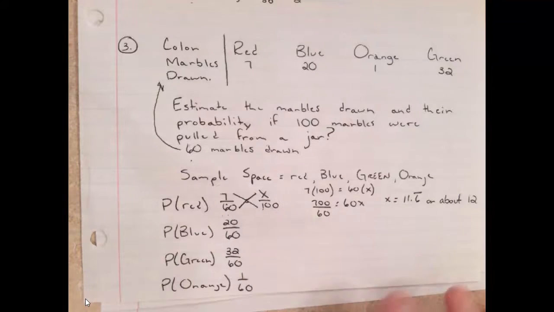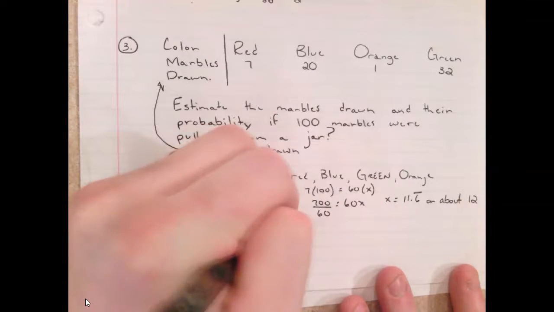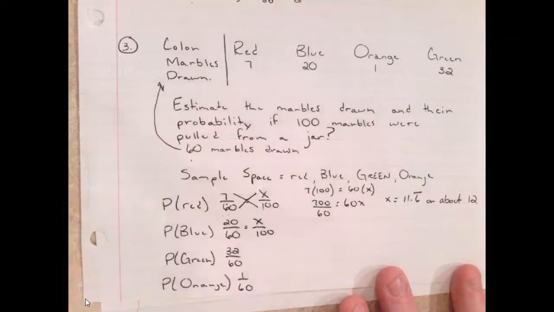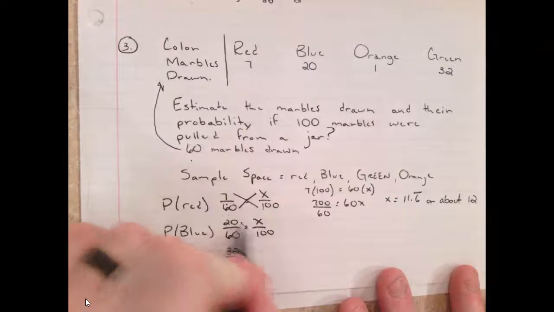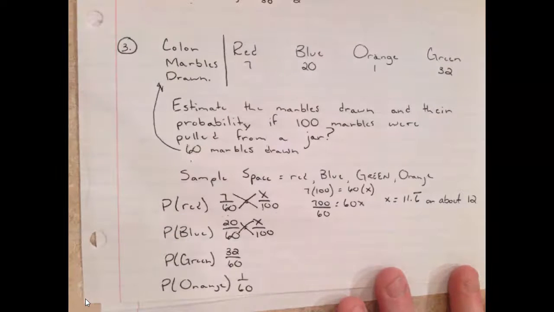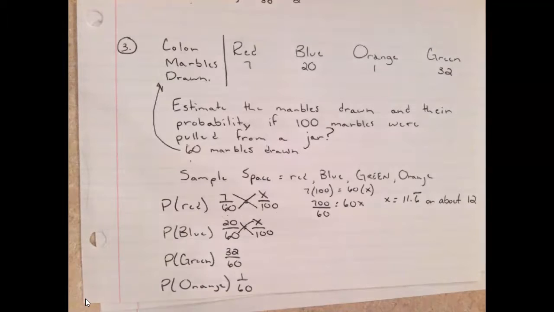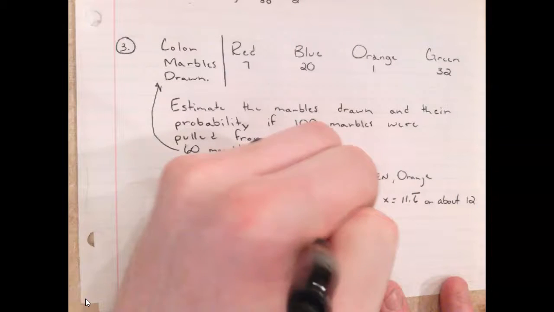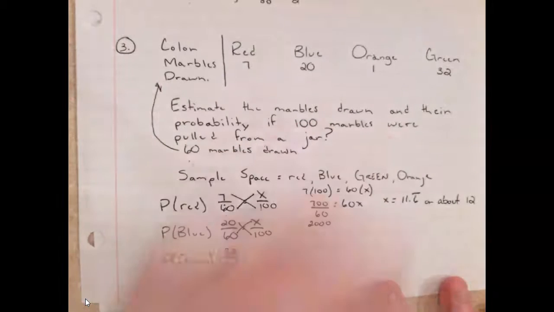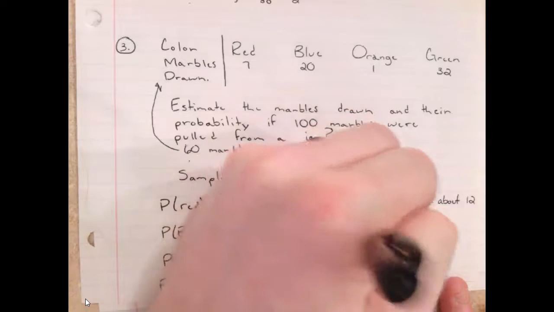We're going to do the same thing, guys, for blue. I'm going to set this proportion up. X over 100. You're going to notice a theme, and they're very similar the more we do these. So for this, cross multiply. So 20 times 100, you're going to get 2,000 is equal to 60x.